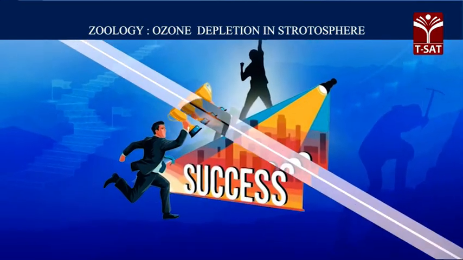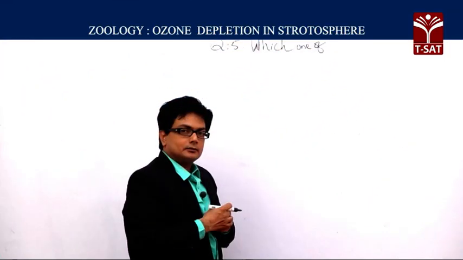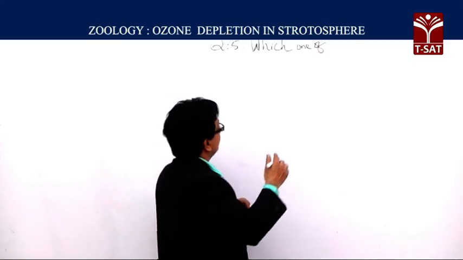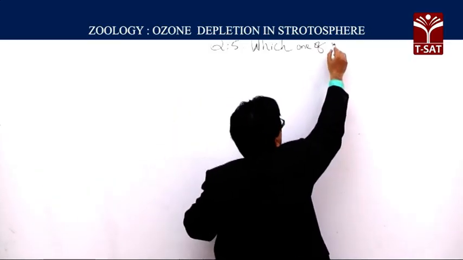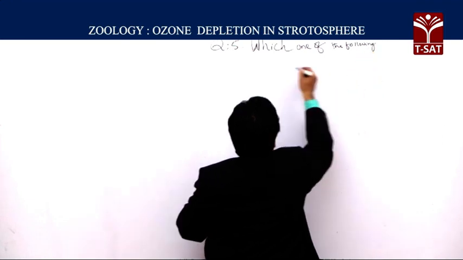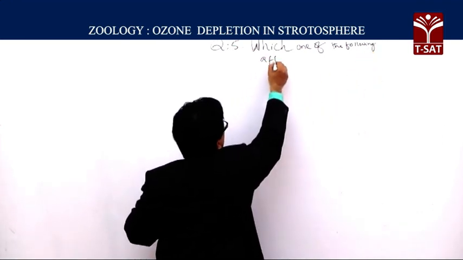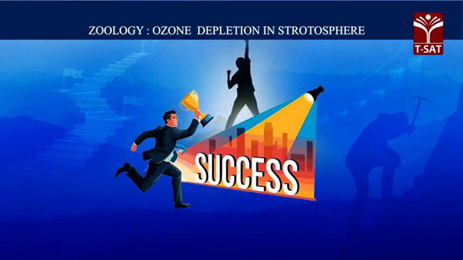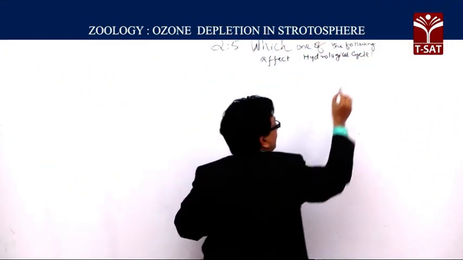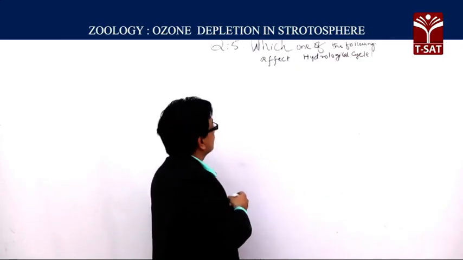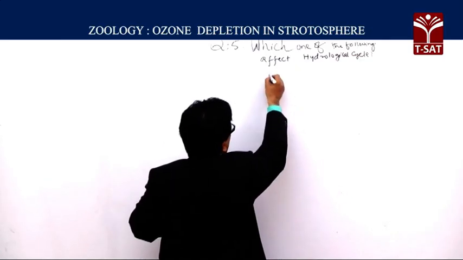Let us see the final question, which focuses on J cultivation. Which one of the following affects the hydrological cycle? So we all know the hydrological cycle involves the water vapor, and look at the options here.